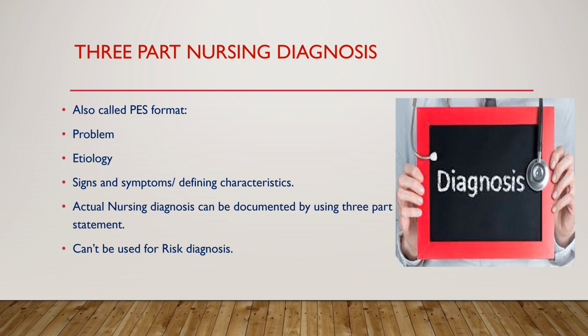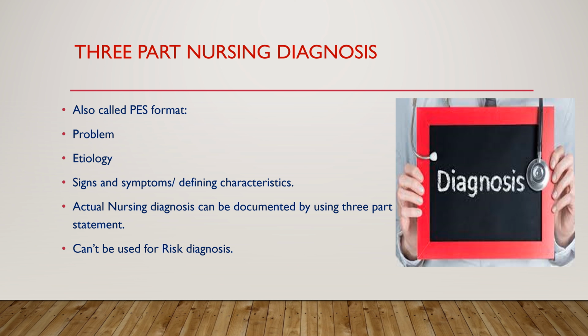You can also frame a kind of diagnosis which is called the three-part nursing diagnosis. It's also called the PES format, where P stands for the problem, E for etiology, and S for the signs and symptoms or defining characteristics. This diagnosis contains all three components. Once we are making the actual diagnosis of a patient, it can be documented using a three-part statement.